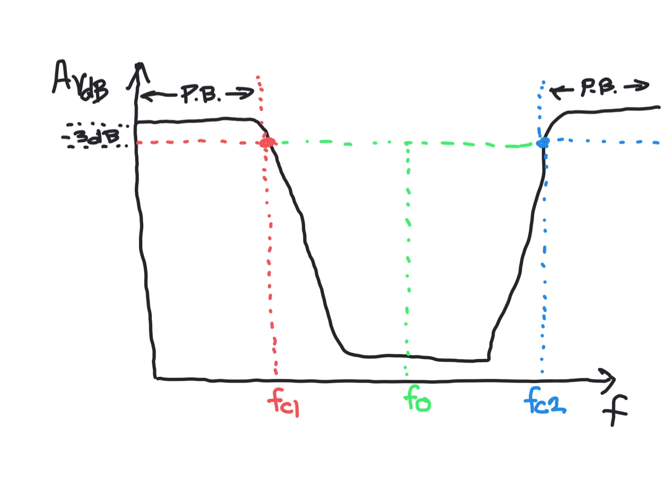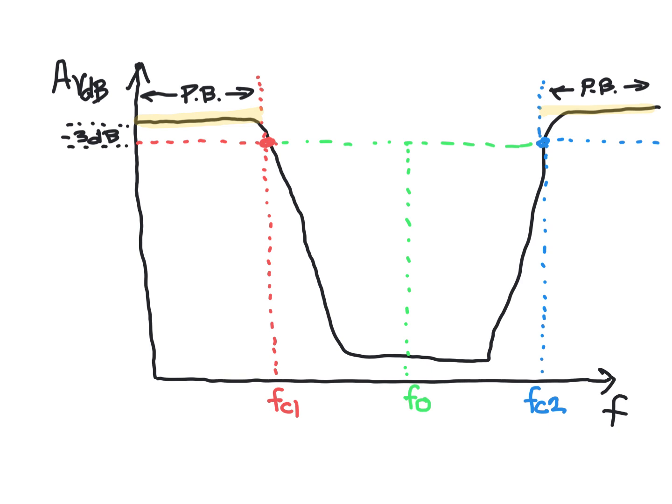The passband is going to be from 0 all the way up to FC1, and then again from FC2 all the way up to the upper bandwidth limit of the amplifier. Okay, the formulas for the bandwidth, the center frequency, and the Q are all exactly the same as the bandpass.